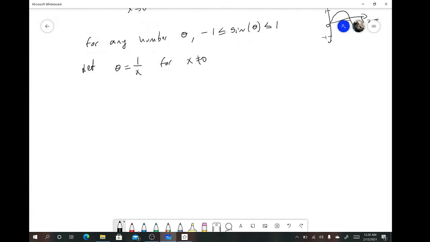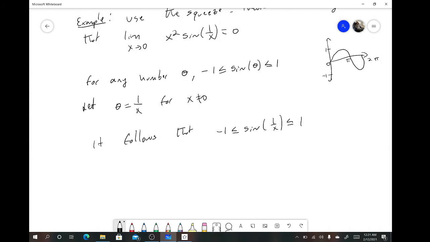Then it follows that this is also bounded between -1 and 1. Why is this true? Well, by definition, we just said that sine is bounded between 1 and -1 for any real number theta.